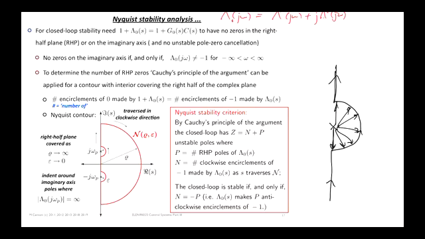This little vector starts off with a phase of -π/2, here it has a phase of 0, and then it goes to a phase up here of π/2, okay? So we're getting a net change in phase of this little vector of π radians, okay?